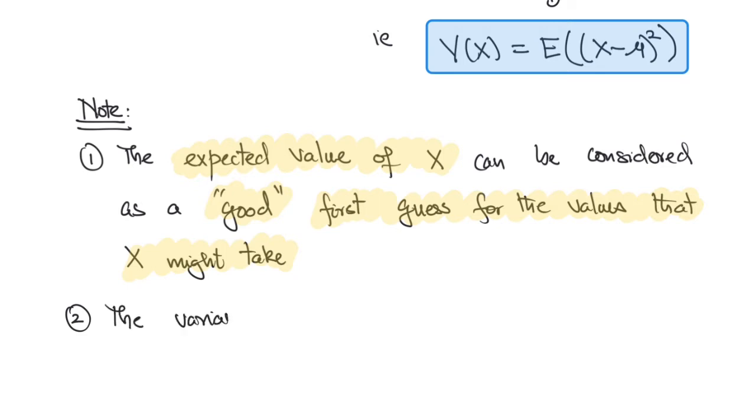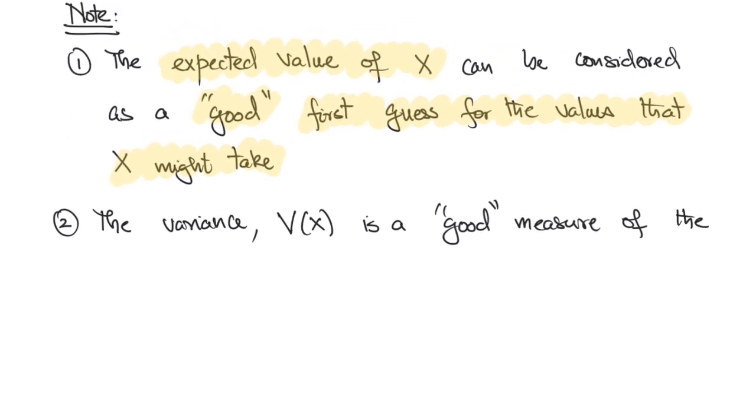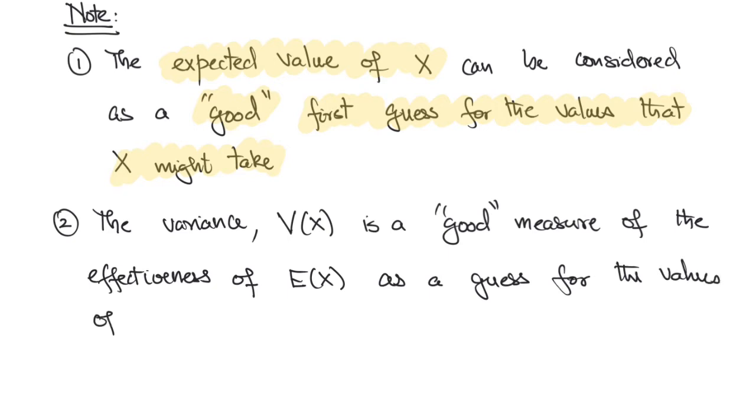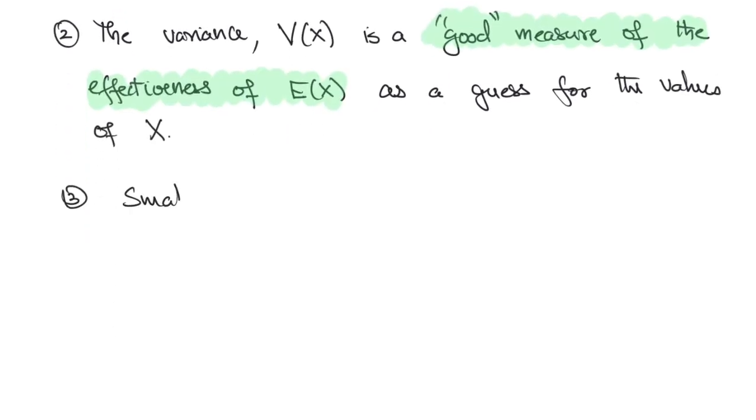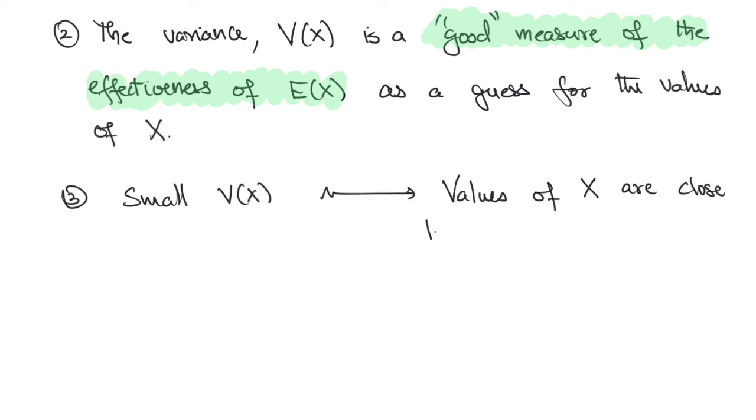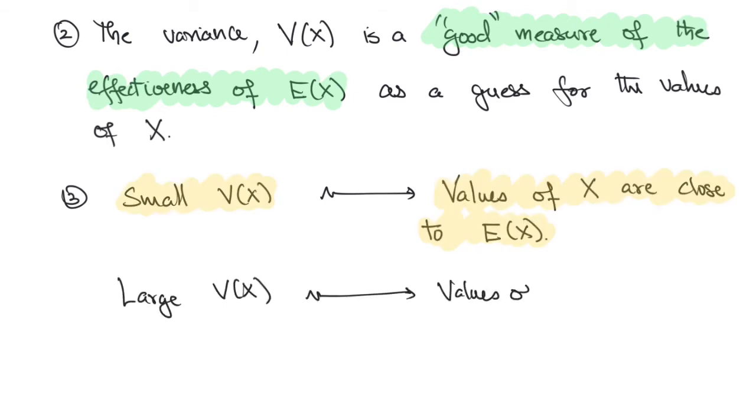The variance of X is then a good measure of the effectiveness of the expected value of X as a guess for the values of the random variable X. We note that small variance means the values of X are closely concentrated around the expected value, whereas a large variance implies that the values of X are more spread out away from the expected value of X.